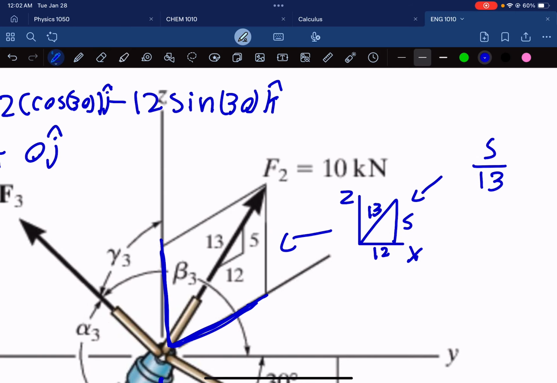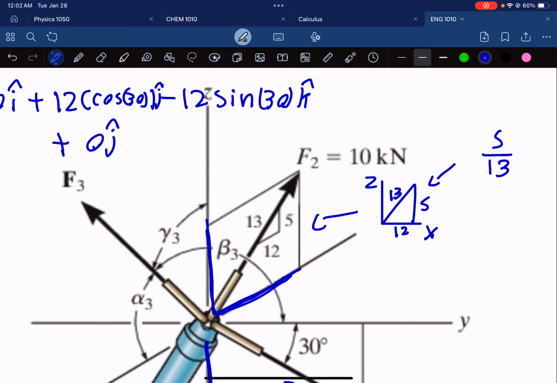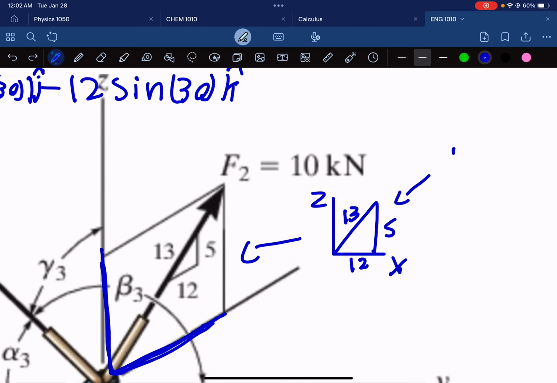So for z, it would be 10 and 5 over 13. And for x, it will be 10 and 12 over 13, if you guys can see.